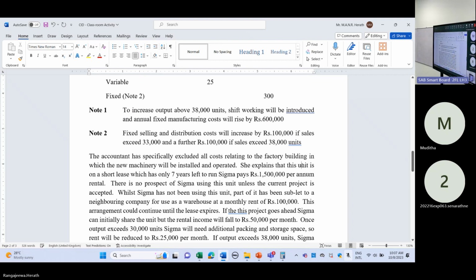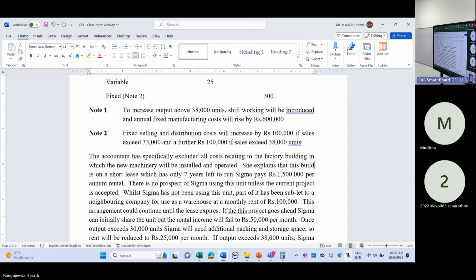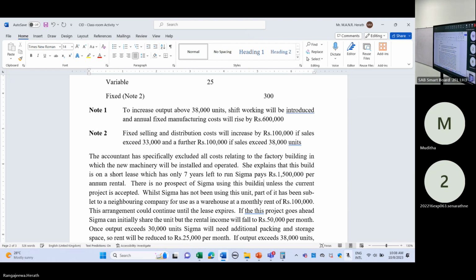She explained that this building is on a short-term lease, 7 years left. There is no prospect of using this building unless the current project is accepted. If we do not take it, there was no other plan.